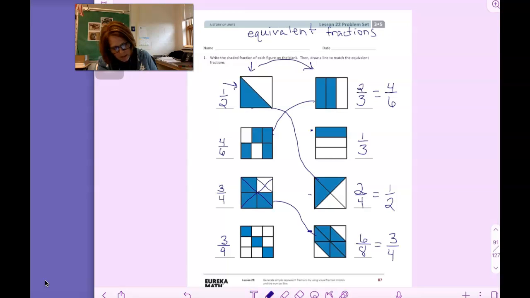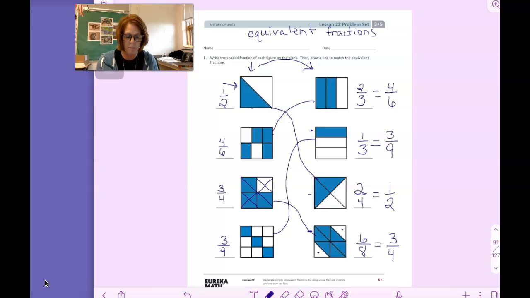And then they have one here. And you can see that this and this equal 1 square. So it's the same as 3/4. And then the last one, we could visually move this over here and move this over here and have this one row shaded. And then we can see that it's equal to 1/3. So 3/9 equals 1/3.